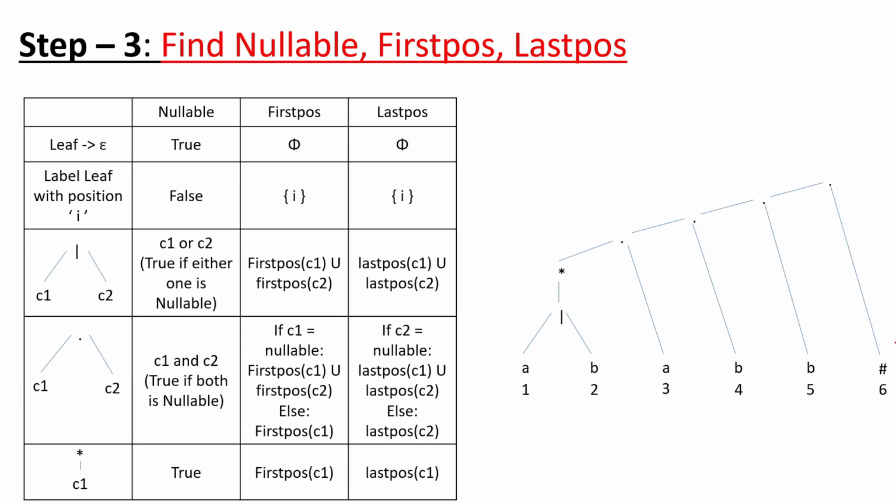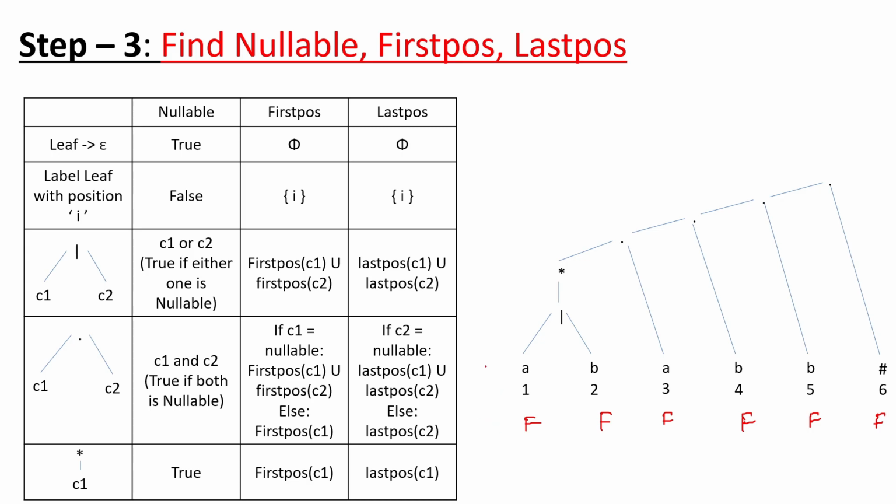So here is the chart I have given, and also the diagram, and from the diagram for this grammar we're going to now find the first pos, last pos and nullable. By default we have told that all of this will be false. Now let's see what is the first pos for this. Its first pos is its number only for this case. We're going to write the first pos and last pos in brackets.